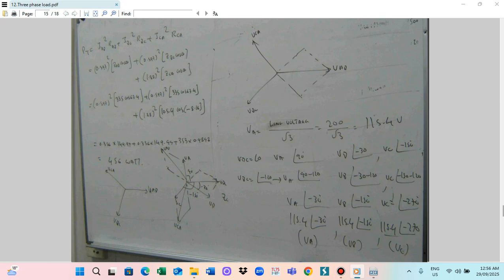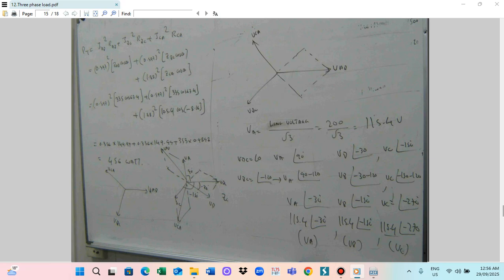Cos theta is this angle theta. This is 335 angle 63.4, so 335 cos 63.4, plus 0.597 squared times ZBC.